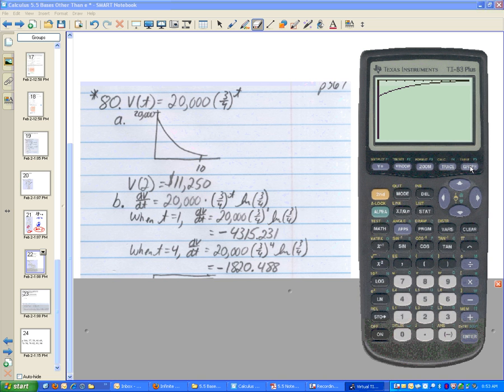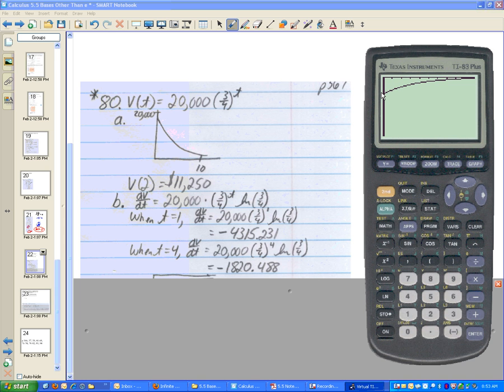So negative means that the car's losing value, but it's increasing, so it's losing value at a slower rate, right? Look, the value there is more negative than it is there. It's flattening out to be close to 0.